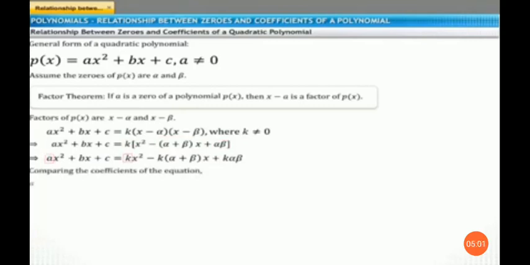So we get a is equal to k, that will be equation 1. Then b is equal to minus k times alpha plus beta, that is equation 2, and c is equal to k alpha beta, that is equation 3. Okay.